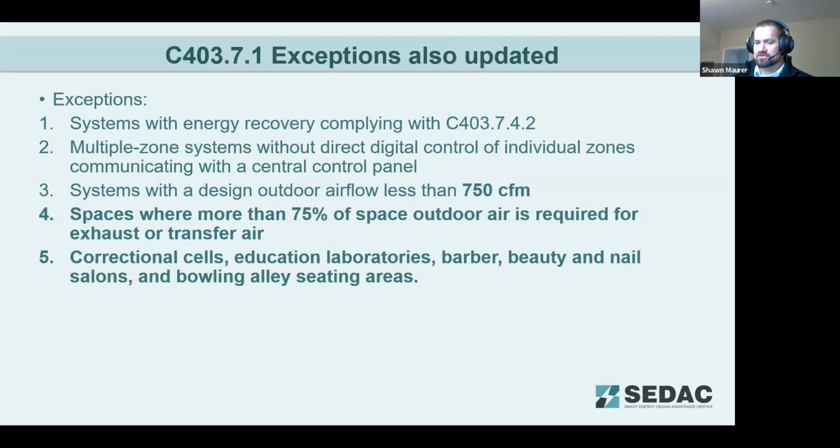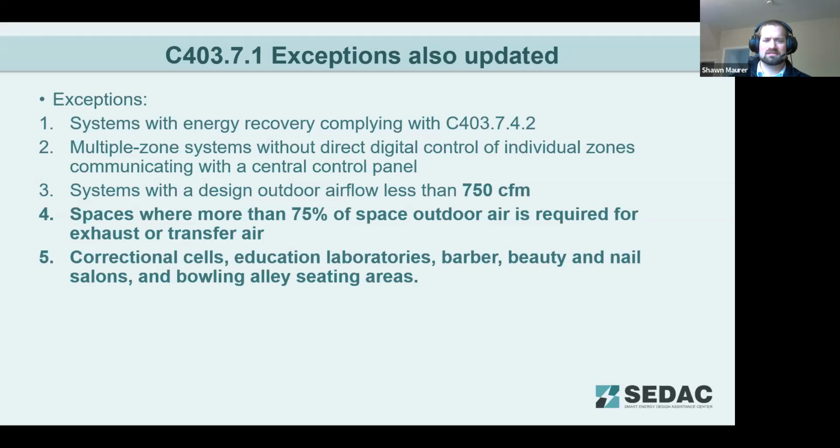That's been removed in the 2021 IECC, and instead they've called out these specific usage types: correctional cells, educational laboratories, barbershops, beauty and nail salons, and bowling alleys, where DCV is potentially detrimental or not as effective.